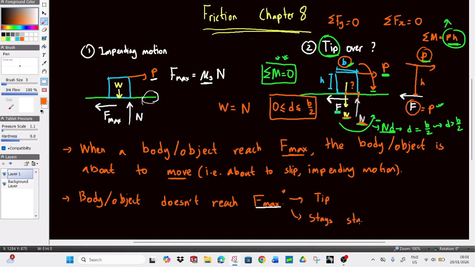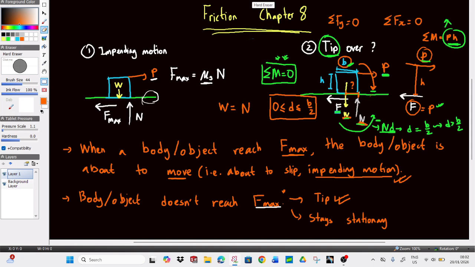But normally we're more interested whether it's tipping over or whether it's just about to move, impending motion, just before it actually moves. This is what we're mostly interested in.